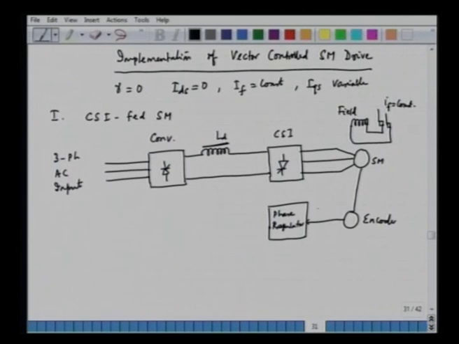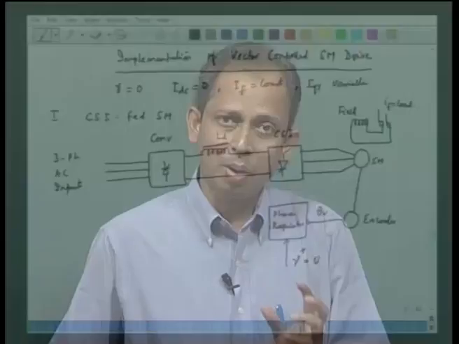And as we already discussed, we can make gamma reference, gamma star, equal to 0. We are talking about the vector control drive, so we can make gamma, the angle between IQS and the IS phasor, equal to 0.